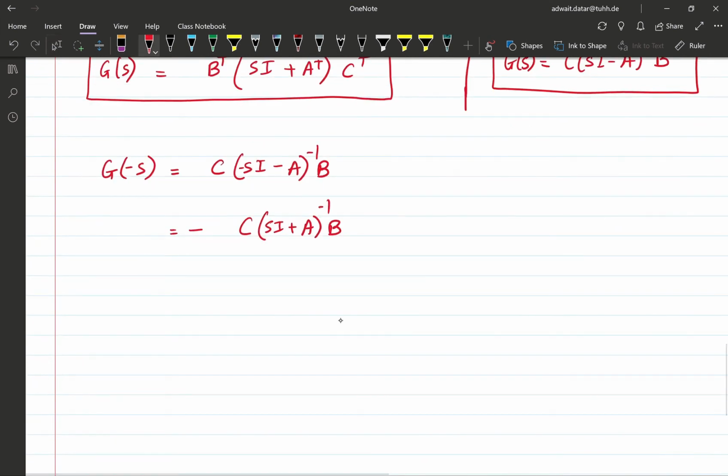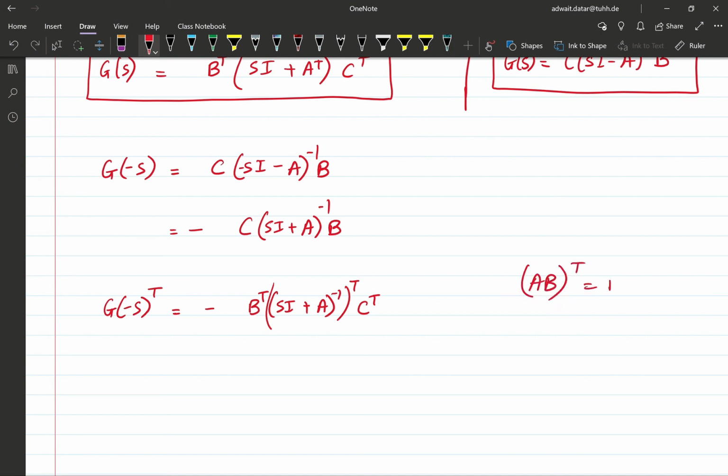Now if we take the transpose of this, G of minus S transposed would be minus P transposed times (SI plus A) inverse transposed times C transposed. What we have used here is (AB) transposed is B transposed A transposed.